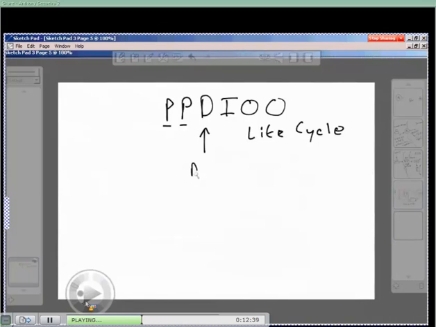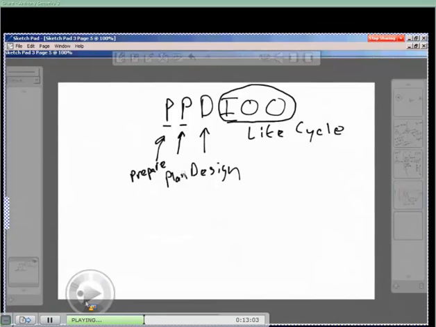Now it's time for us to elaborate on the design phase of this life cycle. Remember, I'll talk to you about the implement, operate, and optimize phases, but those aren't the focus of this course. We're focusing on the prepare, the plan, and the design phases because this is a course in, surprise, surprise, network design.